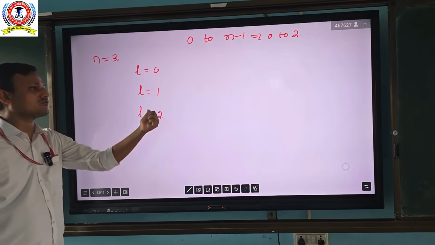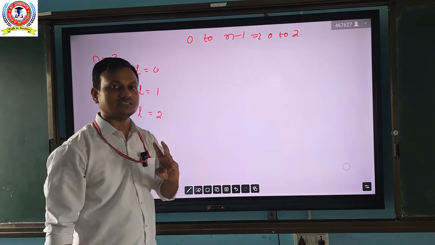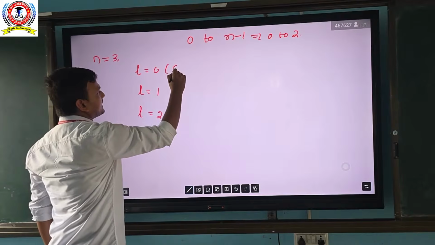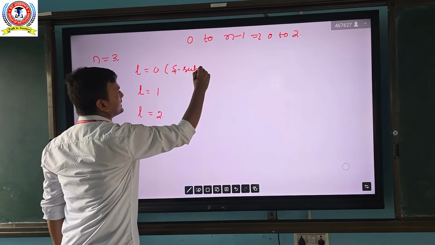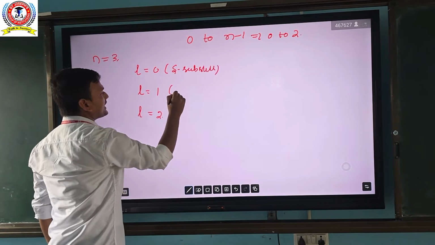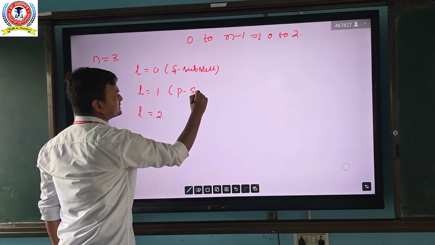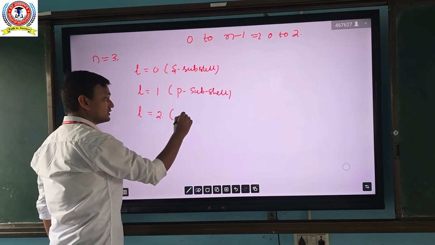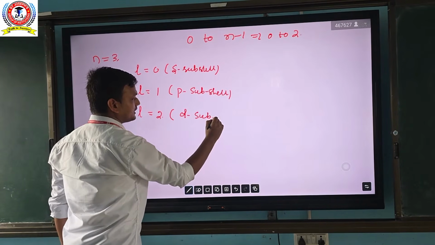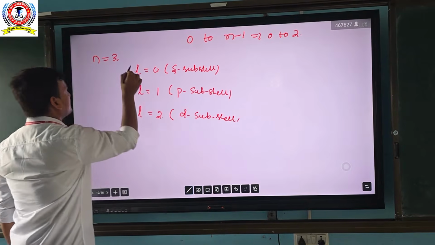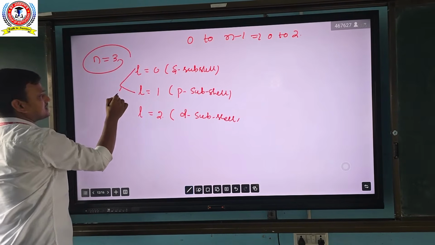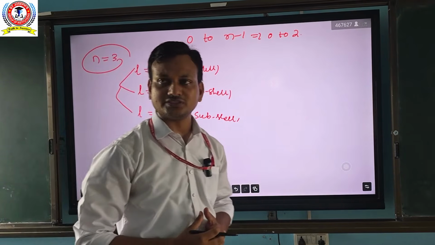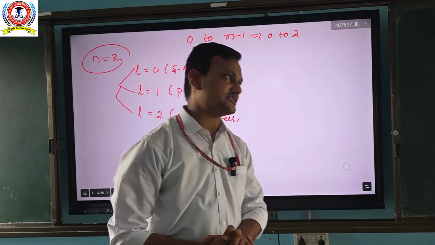Since three values come, three subcells are present in the third cell. When L is equal to 0, the S subcell is present. When L is equal to 1, the P subcell is present. When L is equal to 2, the D subcell is present. That means in the third cell three subcells are present: the first is the S subcell, the second is the P subcell, and the third is the D subcell.